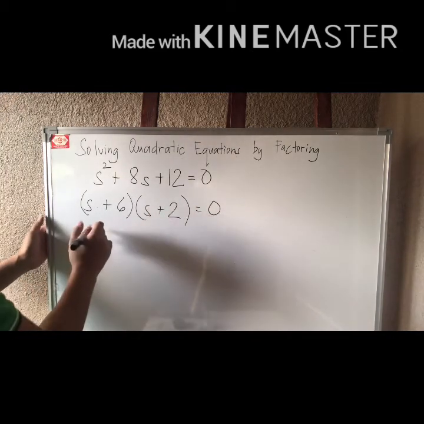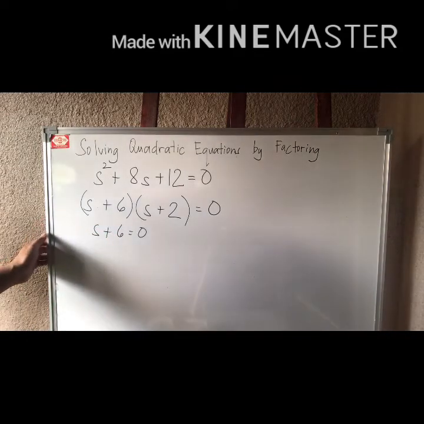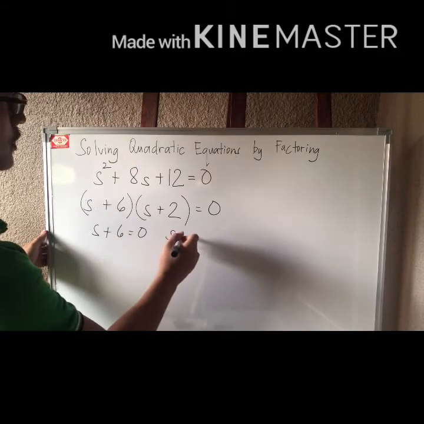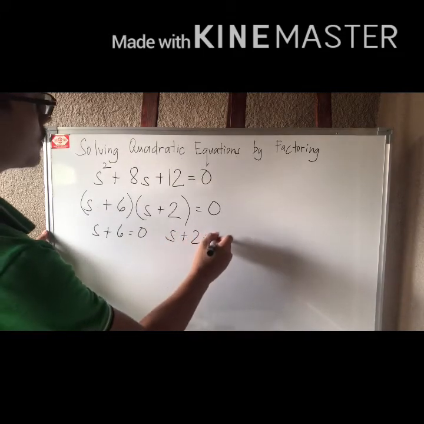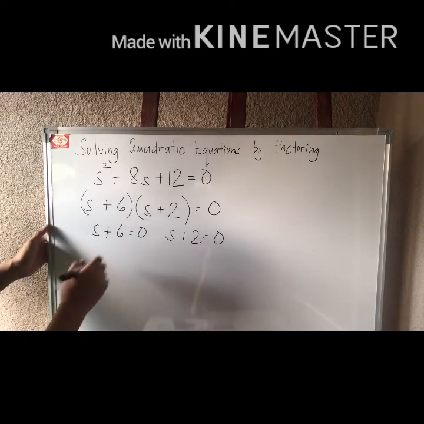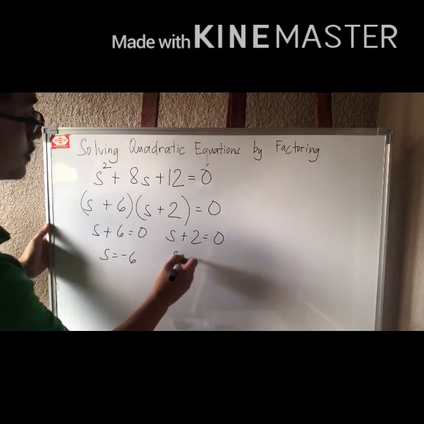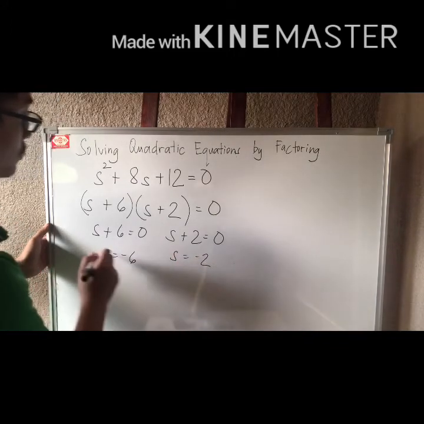Then we apply the zero property, that is s plus 6 equals 0. Then you have s plus 2 equals 0. And then just transpose 6 to the right side, that becomes s equals negative 6. This one is s is equal to negative 2.